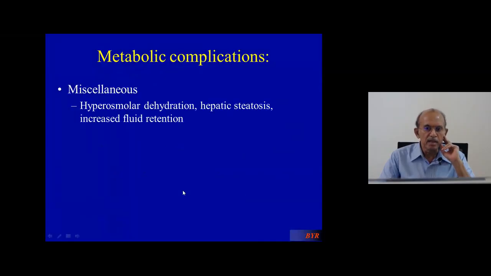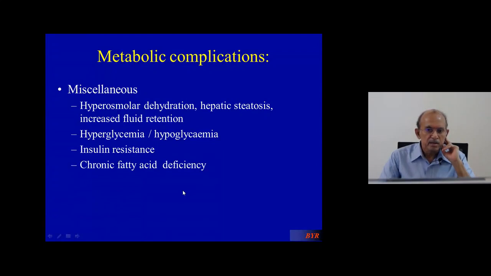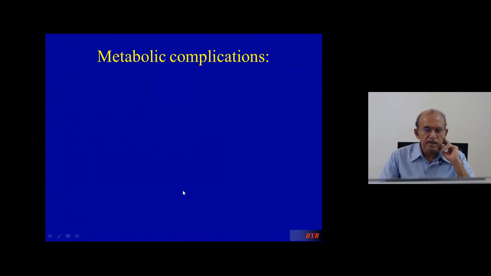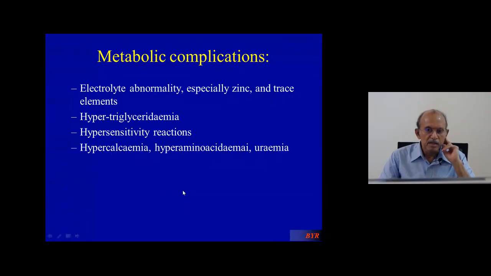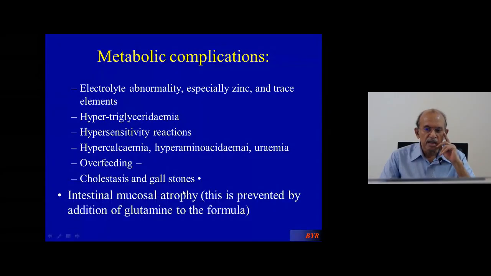Then miscellaneous complications: hyperosmolar dehydration, hepatic steatosis, increased fluid retention, hyperglycemia, insulin resistance, chronic fatty acid deficiency, electrolyte abnormality, hypertriglyceridemia, hypersensitivity reactions, hypercalcemia, hyperaminoacidemia, uremia, overfeeding syndrome, cholestasis and gallstones, intestinal mucosal atrophy.